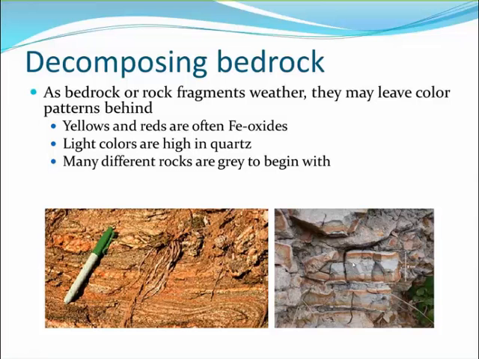And here's an example on this picture to the right. The center of the rock is reduced and it is gray. The outside part of the rock is oxidized. It's been exposed to oxygen, and the iron has migrated to the edge of the rock and it's turned red because it's now crystalline and no longer soluble.